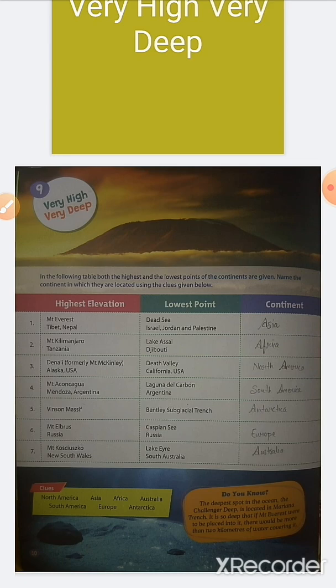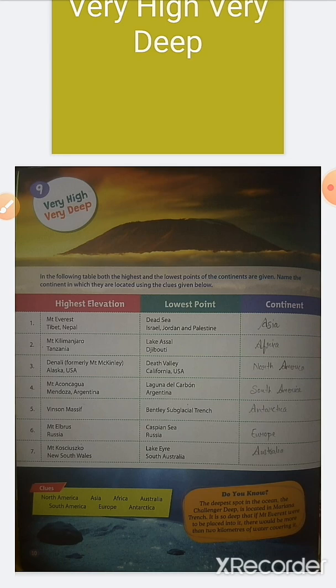Highest elevation means the highest point above the sea level. Lowest point, the area which has the most depth. And continent, do you know about continent?